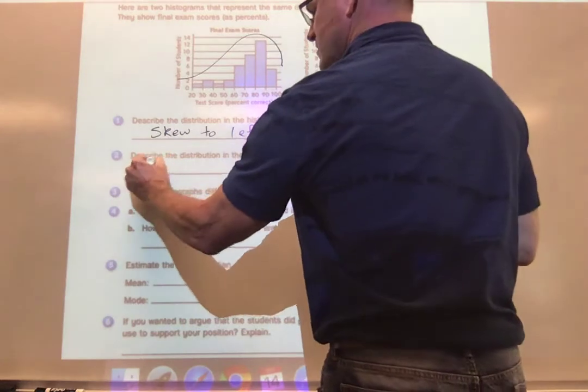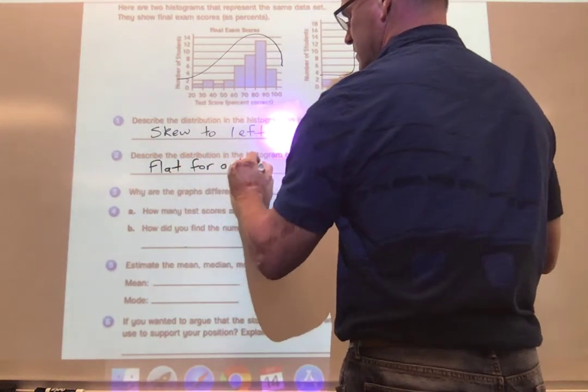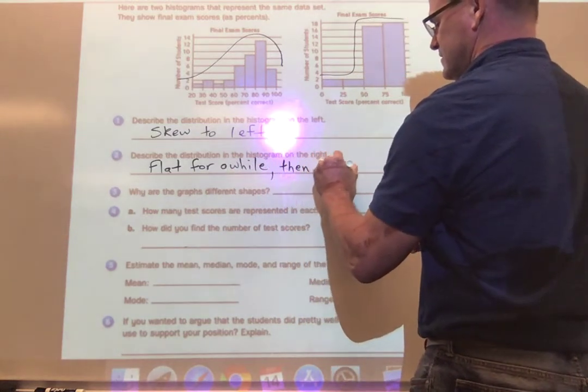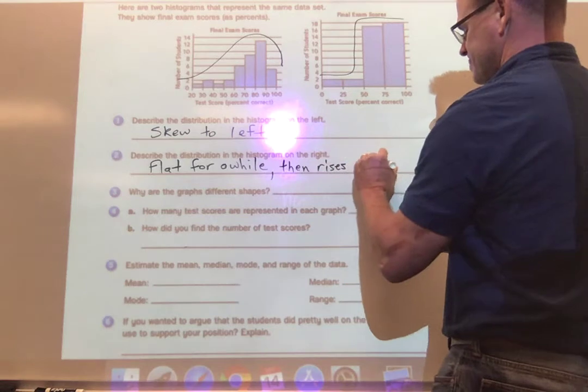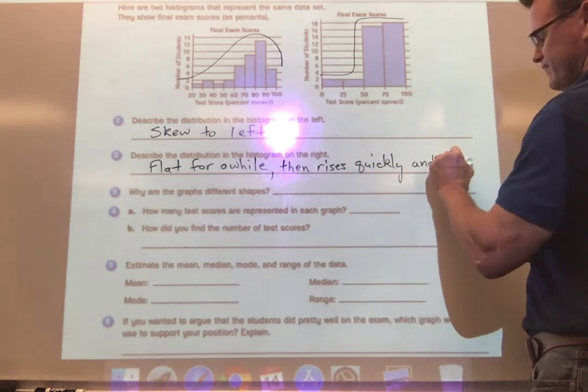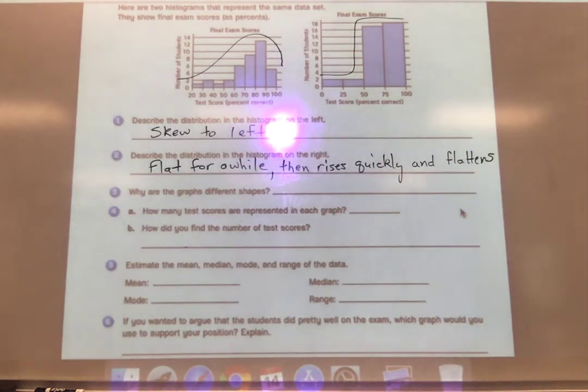It's flat for a while, then rises quickly and flattens again. Okay, so again, there's not really a name for that one. It's not a normal one we would see. Okay, so sometimes you just have to describe it.